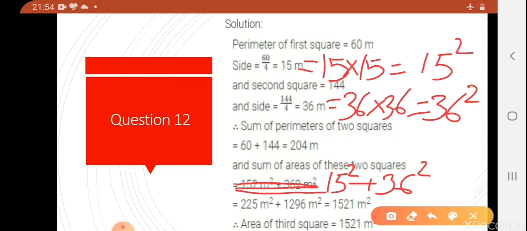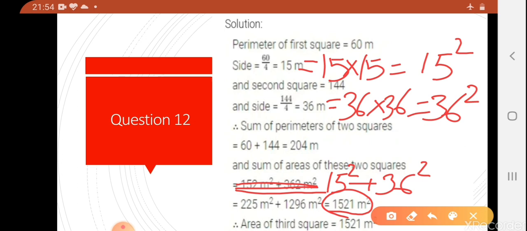When we have added it, we have got 1521. We have got the area 1521, meaning the third square that we have got has an area equal to 1521.